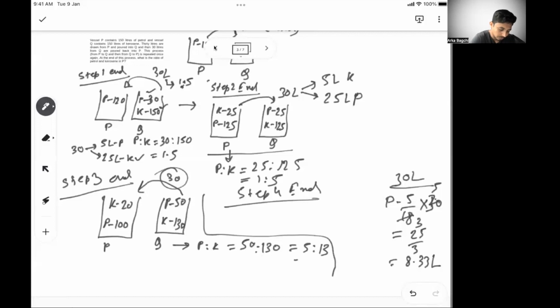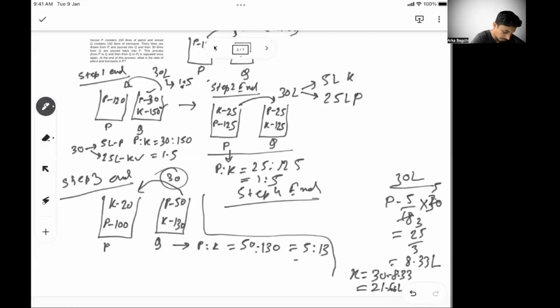So your kerosene will be 30 minus 8.33, which is 21.66 liter. So 21.66 liter of kerosene, and petrol will be 8.33.